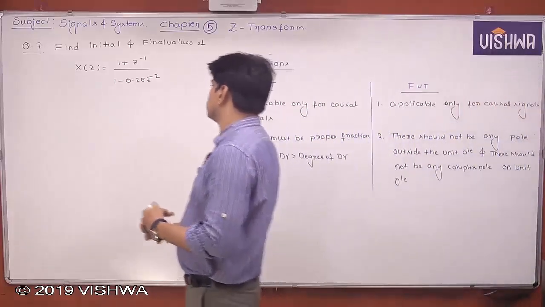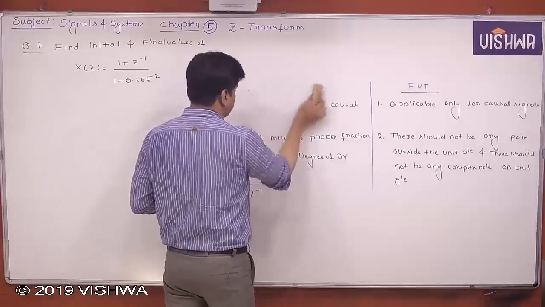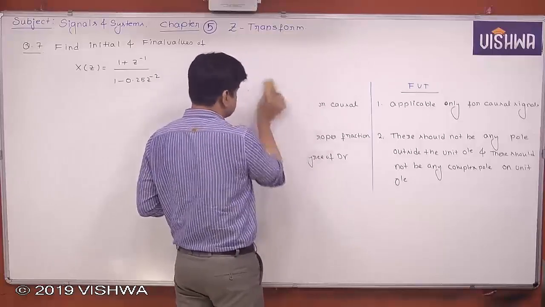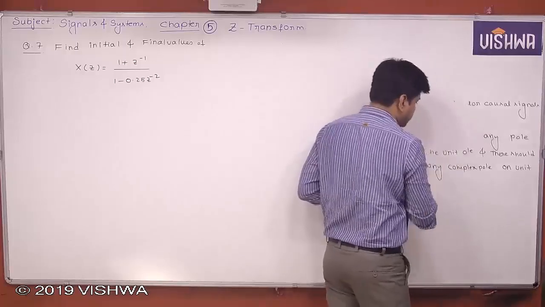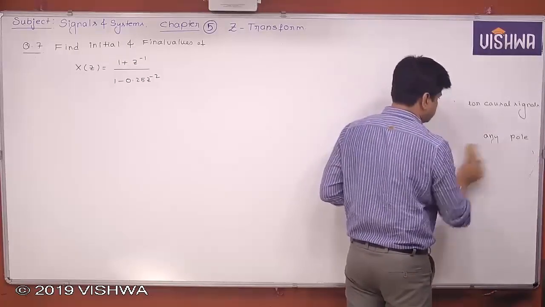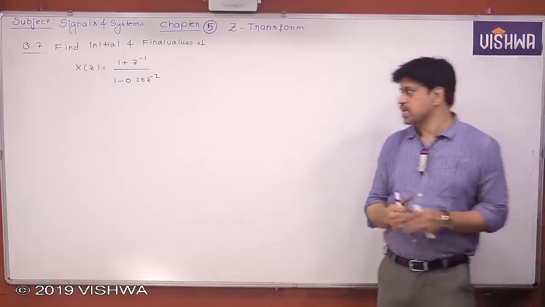So I want to apply the initial value theorem and final value theorem to calculate the initial value and final value for this signal. Whether it is satisfying the conditions or not, we have to check that. So let's see.